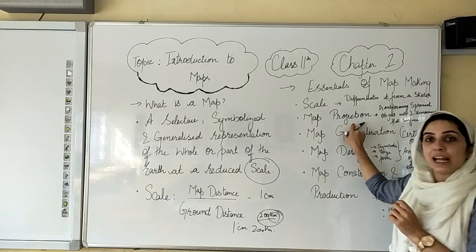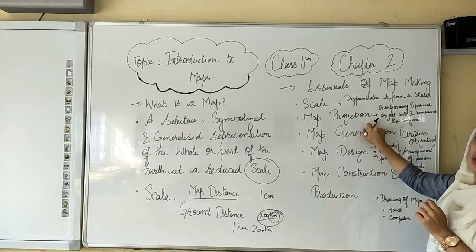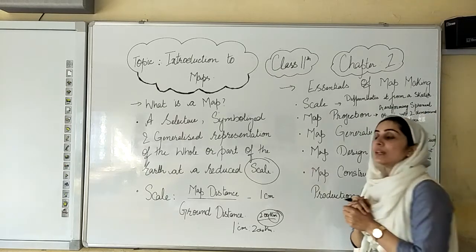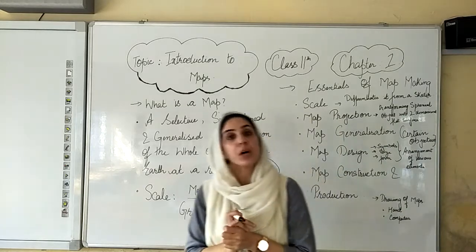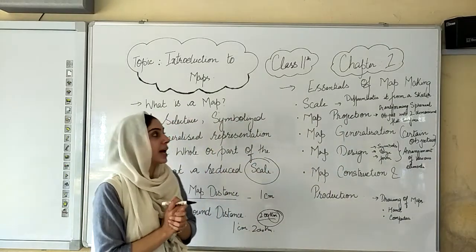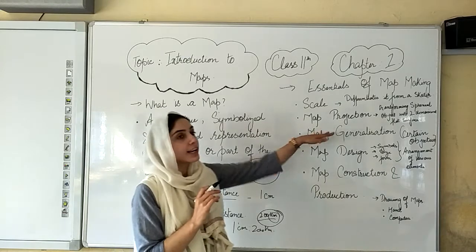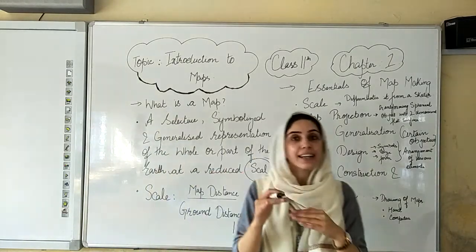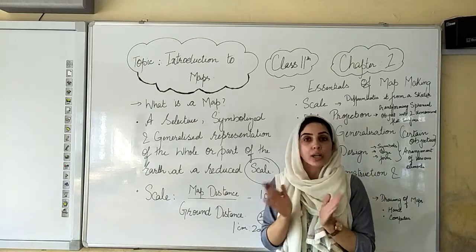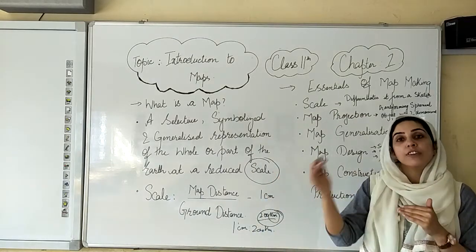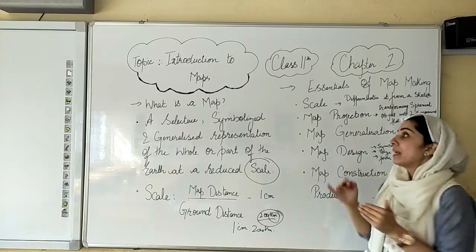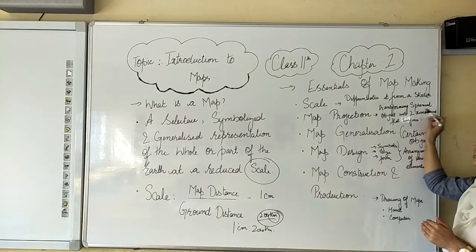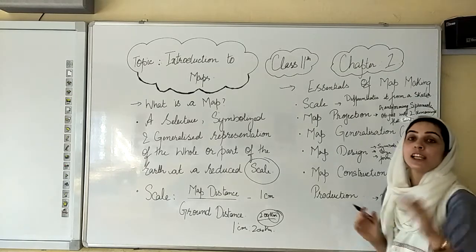The second important element is the map projection. Now what is it? It is transforming a spherical object into a two-dimensional flat surface. Earth is a three-dimensional surface, and when we have to draw the various latitudes and longitudes on a paper, we transform this three-dimensional earth surface into a two-dimensional surface.